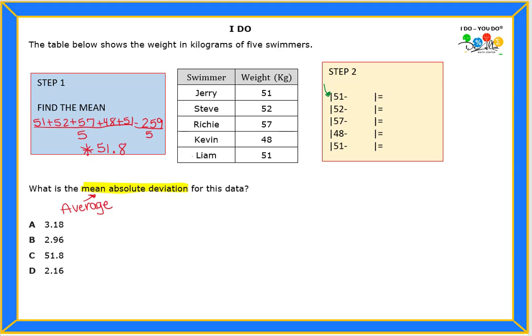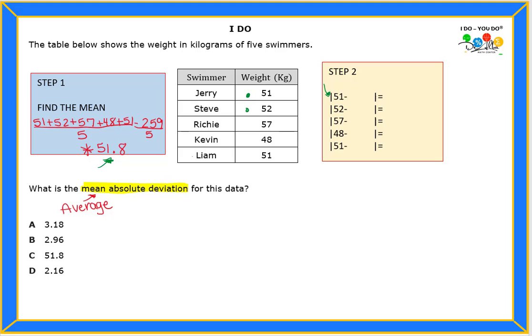Absolute value means that I'm not going to write down any answers as negative numbers, because what I'm trying to find is the distance between this number here and each one of these numbers in my data. Think about it. What's the distance between 51.8 and 51? Distance cannot be negative, and that's the reason why we use those absolute value symbols, so that you remind yourself that this will always be positive.